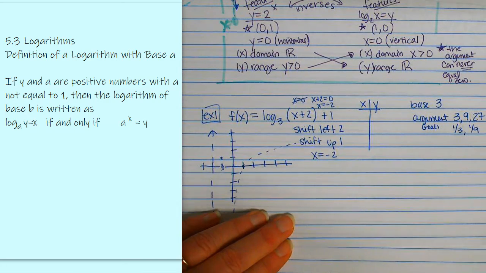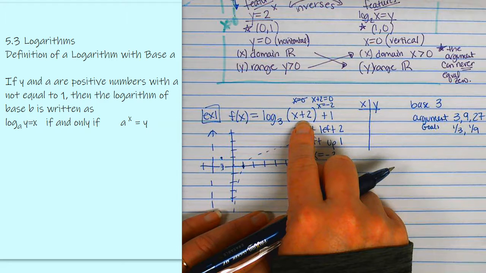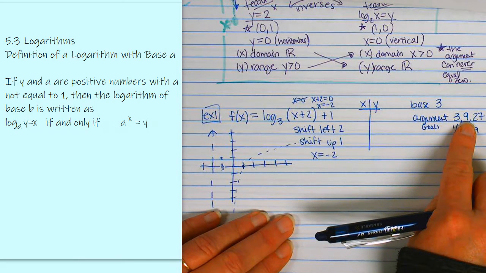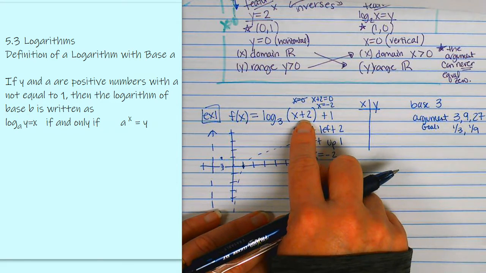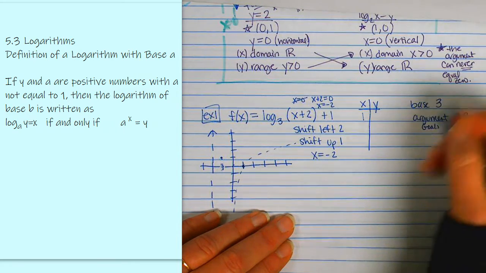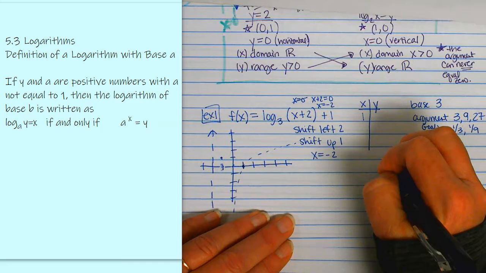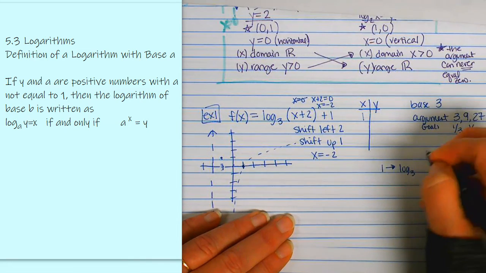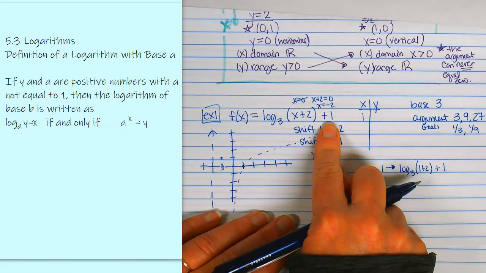And so here's what I'm thinking, okay? I need to put a number in here that's going to make it log base 3 of 3. So first I'm going to say log base 3 of 3. That means x needs to be 1. So look with me. Let's actually plug that in. So here I am, I'm testing 1. It's going to be log base 3 of 1 plus 2, plus 1, because that's the whole equation.